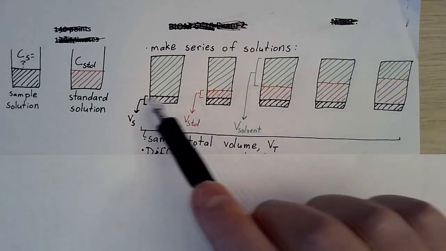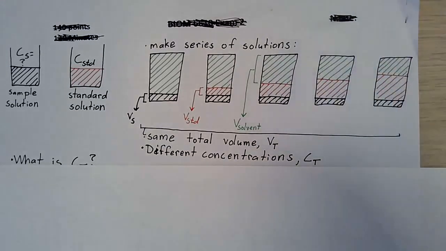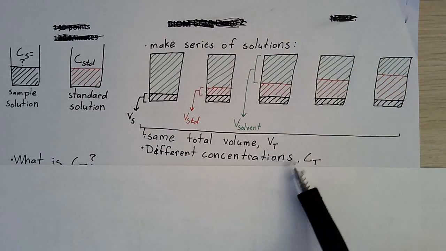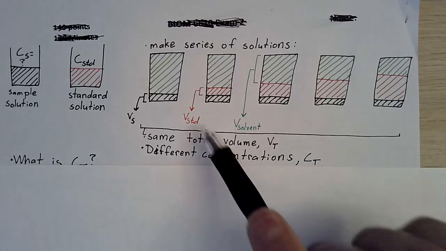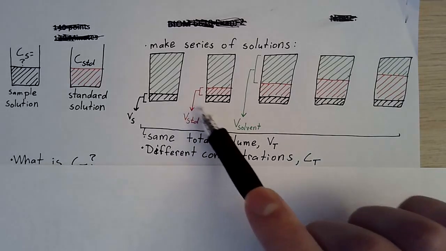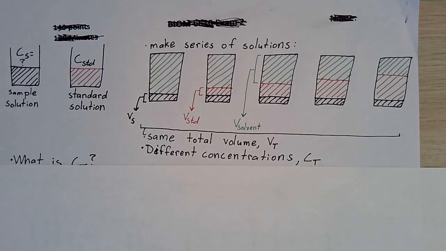And so each one has the same volume, but they will have differing concentrations of the solute, the calcium ions in the case of this particular lab. Okay, so different concentrations, same volume. They have the different concentration because of the different amounts of the standard solution that we added. Okay, that's where that different concentration will be coming from.